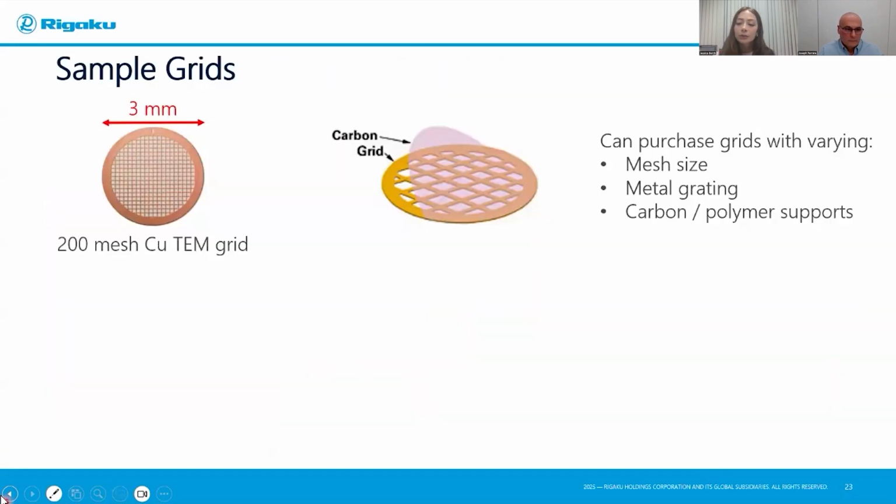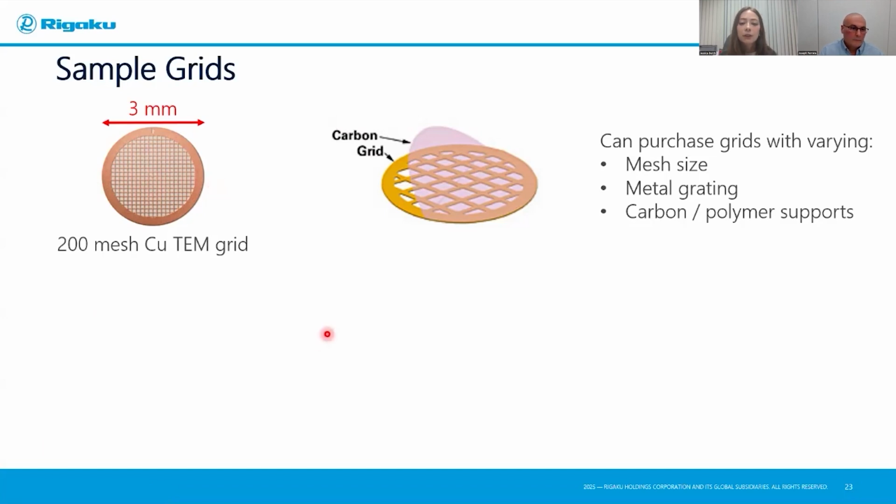Now that we know we have a crystalline material with particle sizes that are small enough, we're getting ready to actually load it into the diffractometer, and so we need to discuss what we're putting our powder onto, which is a sample grid. These are commercially available transmission electron microscopy grids. They are 3 millimeters in size, as I've shown here.